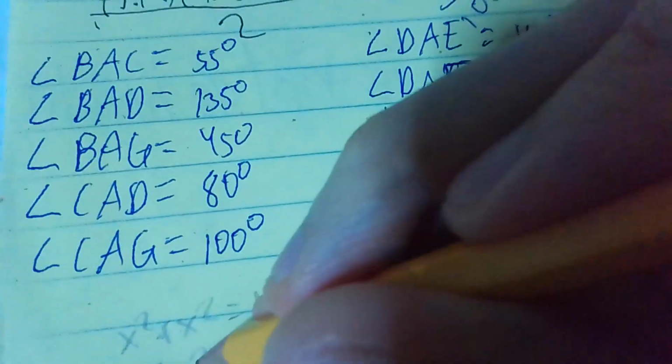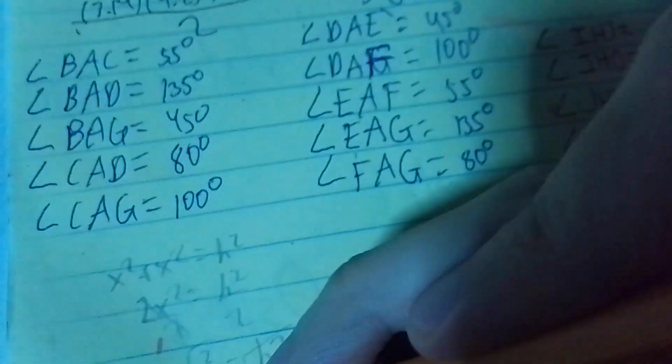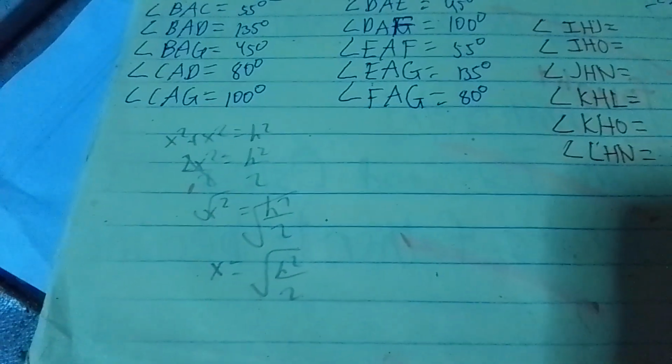Combining like terms, we should get 2x squared equals h squared. Divide both sides by 2, we should get x squared is h squared divided by 2. Then take the square root. So x is equivalent to the square root of h squared over 2. So you need to square your hypotenuse and then divide by 2 and then take the square root of everything. And that's how you get the value of x. Alright? So yun na yung game na dapat gagawin namin. Ito po yung formula.